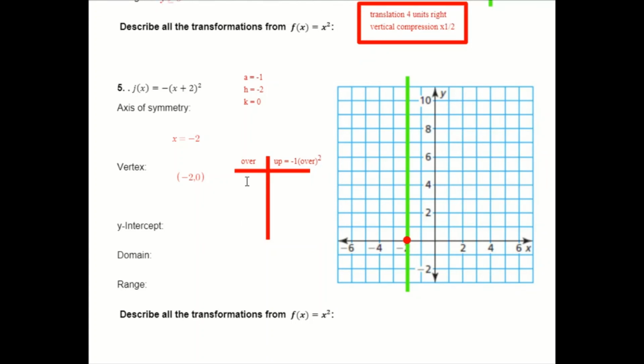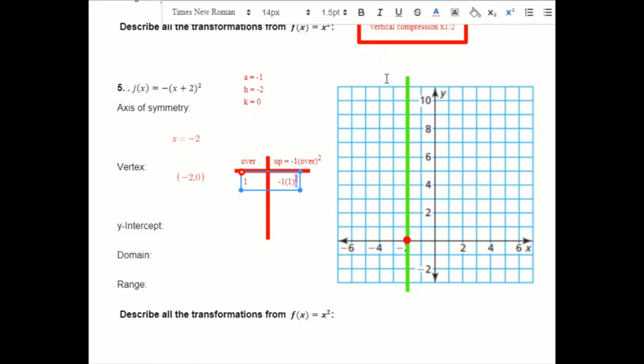Okay, so if I go over 1, then I'm going to go up -1 times 1 squared, which is going to equal -1. So you can see this one's going to open down. Okay, if I go over 2, I'm going to go over 2 squared is 4 times -1 is -4.